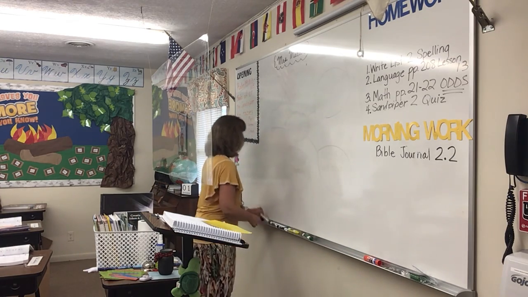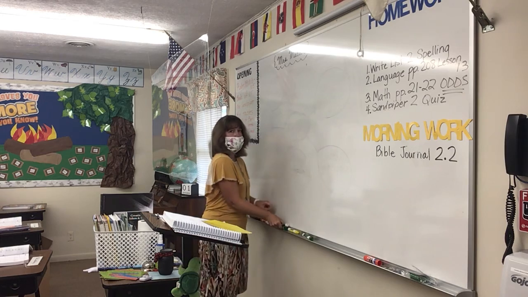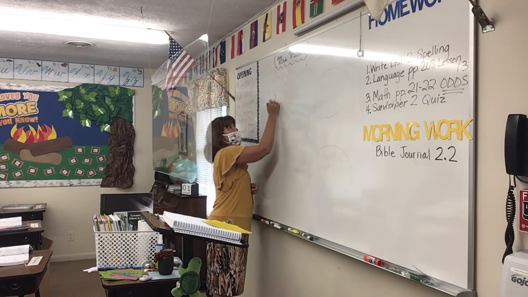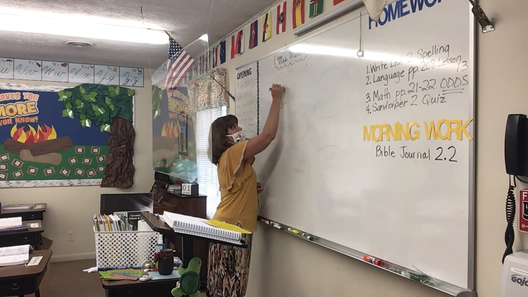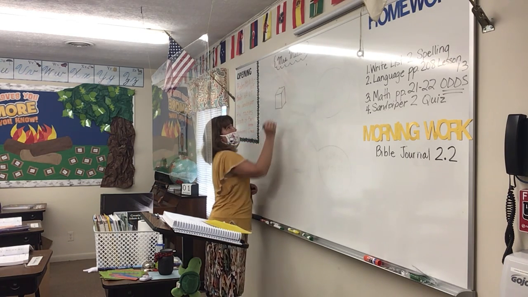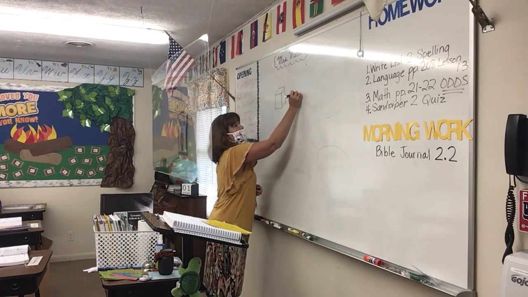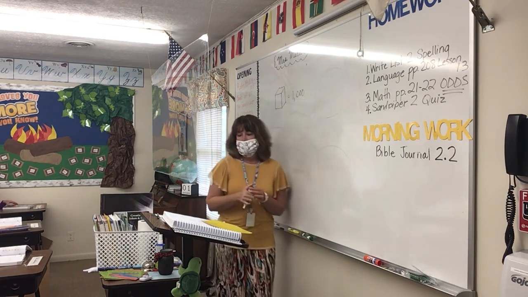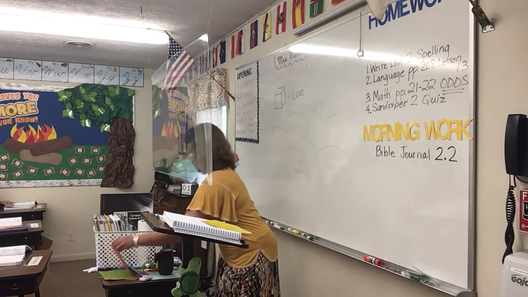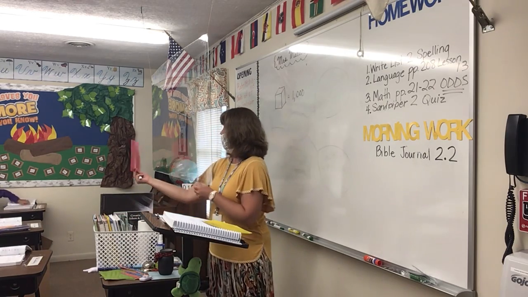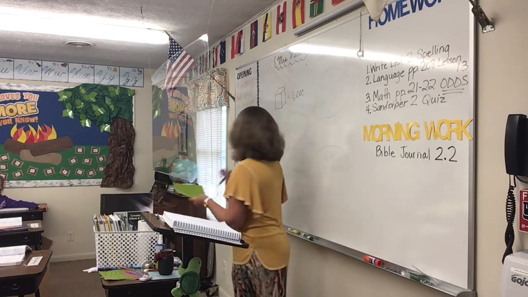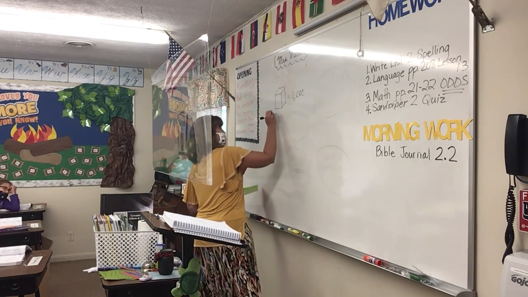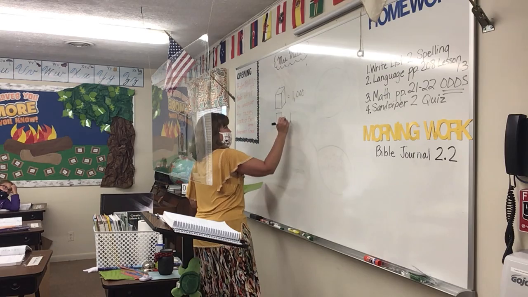So I'm not the greatest artist, but okay, so a cube equals 1,000. And then this is how much? 100. So we're just going to say that a square represents 100.